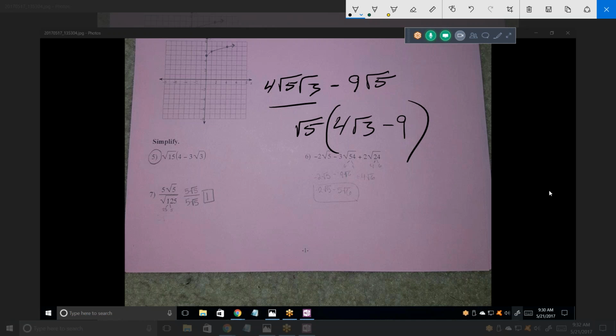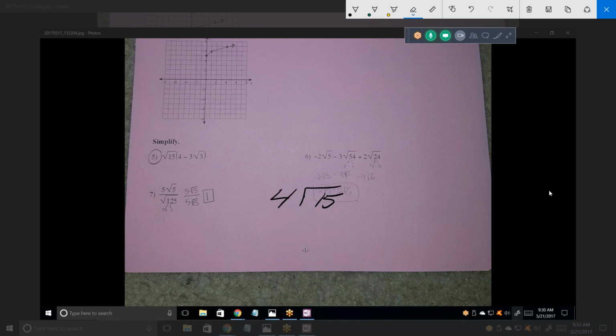Do you have answers on these? Yeah, I do. I'm looking at it right now. I'm a little curious what their answer says. You could have various answers. The answer is 4 root 15 minus 9 root 5. Which is this answer up there. In other words, if I put this back together again, it becomes 4 root 15 minus 9 root 5. I guess, in thinking upon it, the easiest way to do this is really just to do it straight away.